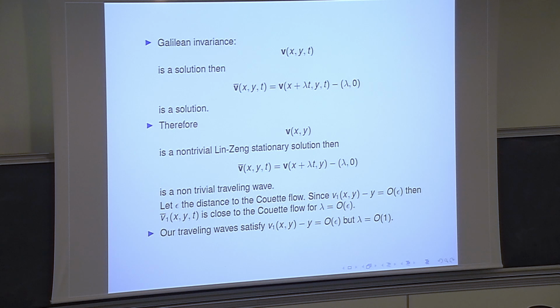So the existence of a traveling wave arbitrarily close to the Couette flow is already proven by Lin and Zeng. But if you really want this velocity v close to the Couette flow, then you have to make this speed lambda of order epsilon. In our case, lambda is of order 1. So in that sense, our solutions are different from the solutions that Lin and Zeng found in their paper.